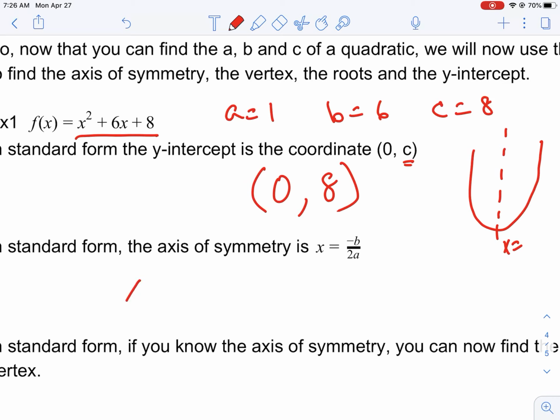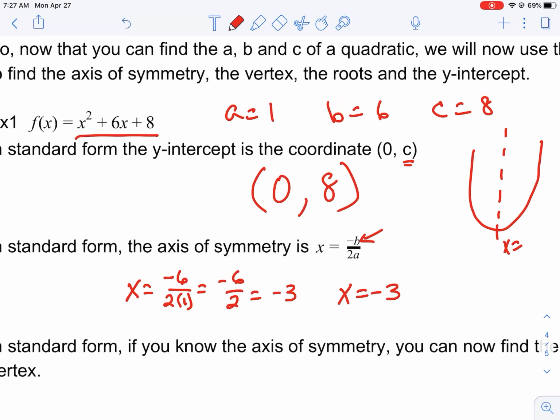So all we do is write x equals, and then this means opposite of b. So the opposite of b, which is negative 6, over 2 times a, and a is 1. So that's negative 6 over 2, which is negative 3. So the axis of symmetry is negative 3.